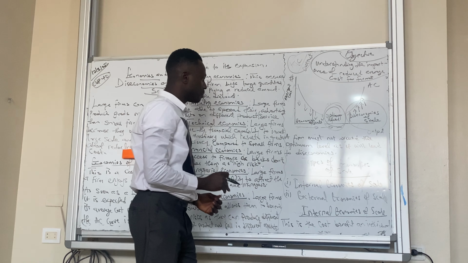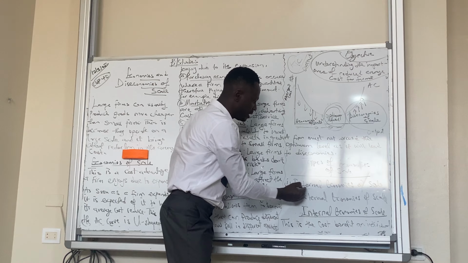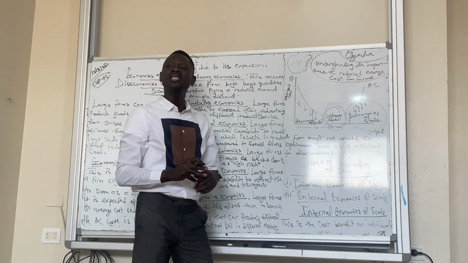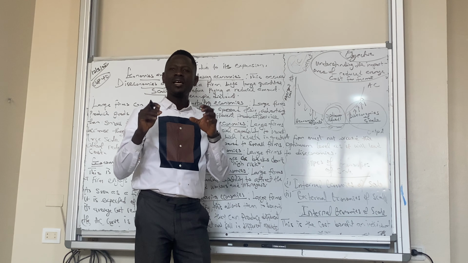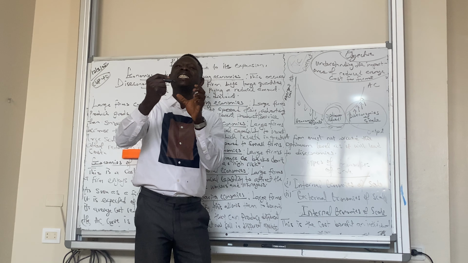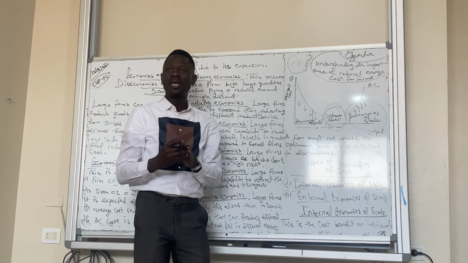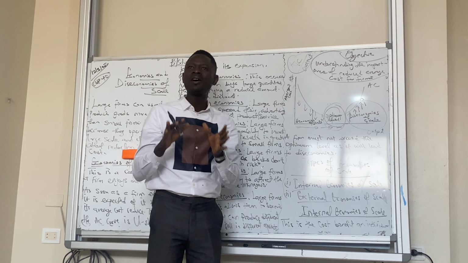Right. So, what are the types of economies of scale that we have? We have internal and external. So we're going to start with internal. Why do we call it internal economies of scale? We call it internal because it's for an individual firm that is expanding. So it's a firm within an industry that is expanding. As a result of its expansion, it starts witnessing a reduction in the average cost of production.